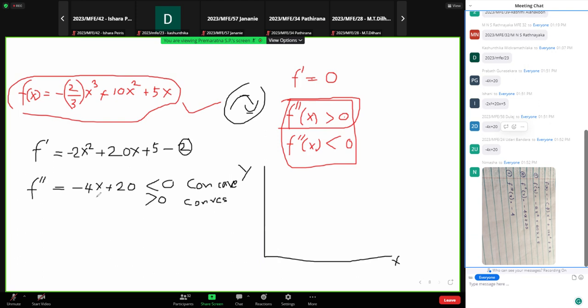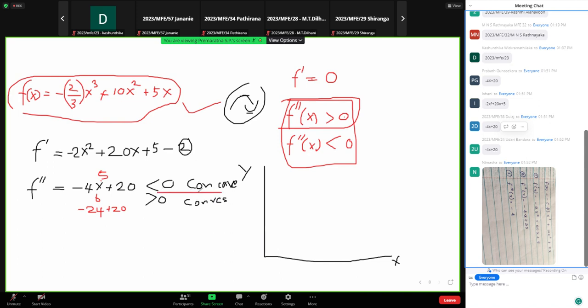Now look at x becoming greater than 5. When x becomes 5, it's 0. When x becomes greater than 5, the value becomes negative. For example, x is 6: 6 times 4 is 24, minus 24 plus 20, the ultimate answer is negative 4.